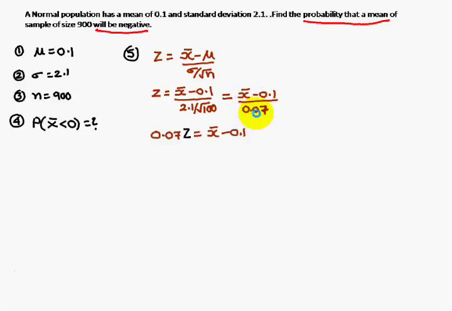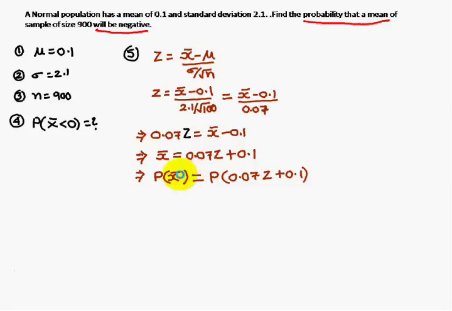If you do the cross multiplication, 0.07 times z is equal to x bar minus 0.1. That means x bar is equal to 0.07 times z plus 0.1.